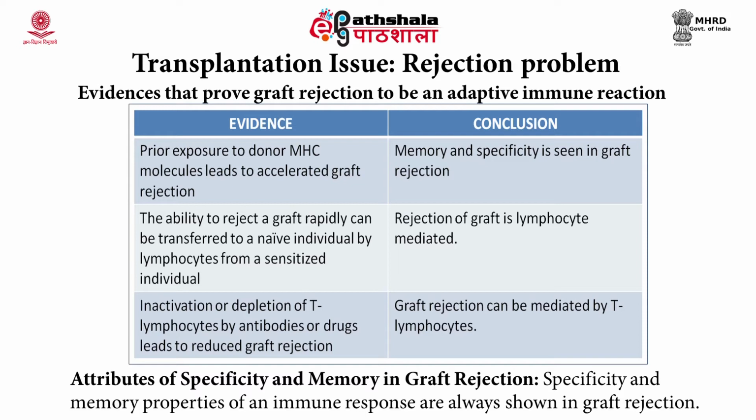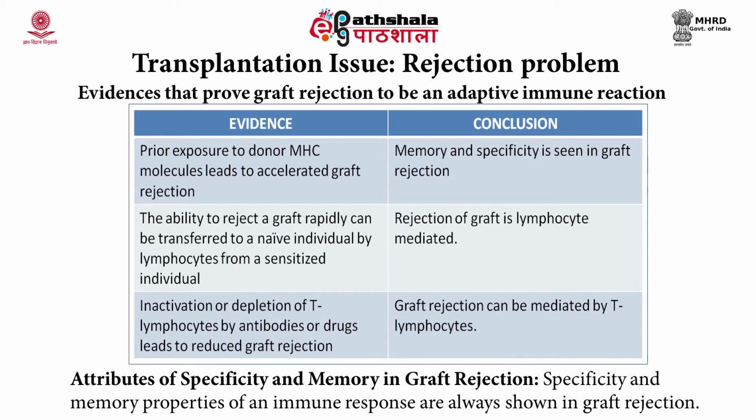Immunological memory of graft rejection can be understood by the fact that when an inbred mouse of strain A is grafted a second time with skin from strain B, the graft rejection takes less time than the first time. Specificity of graft rejection is demonstrated when, along with the second time grafting from strain B to strain A, skin from strain C is also grafted in strain A at the same time.